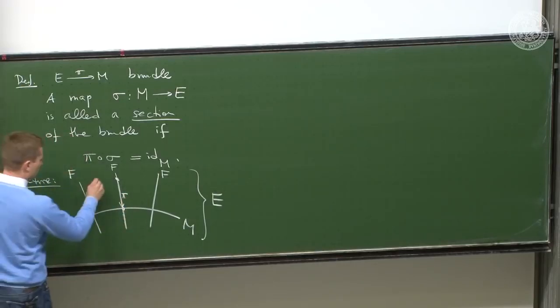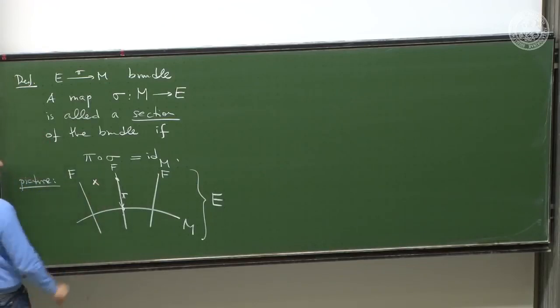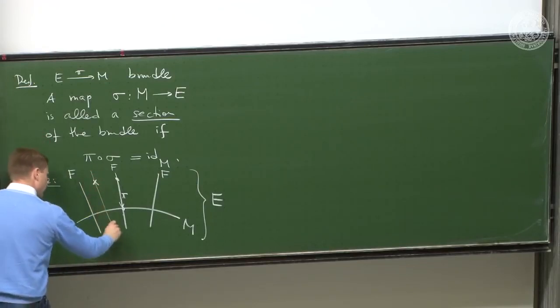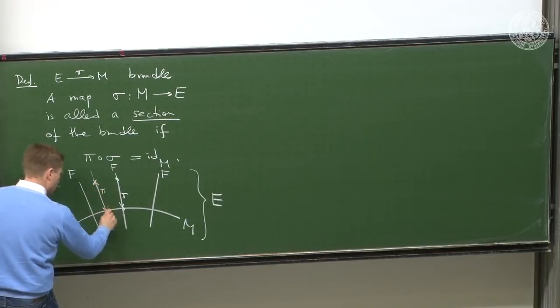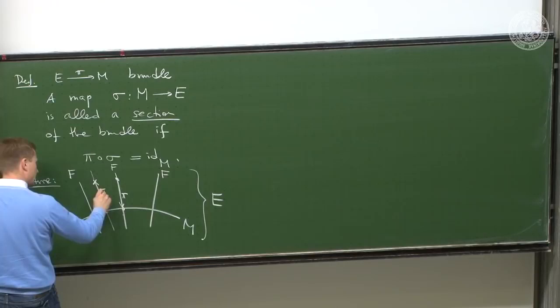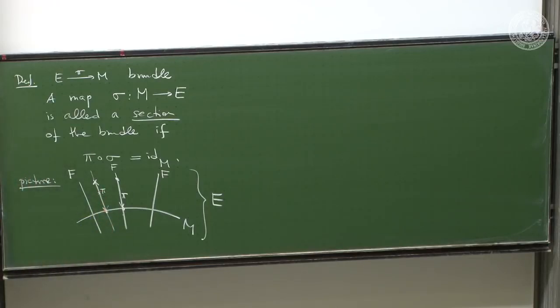Okay? If you have this point in the total bundle, you've got to see, okay, there's a fiber coming with it. The π takes you down to this base point, and any other point on that fiber is taken down to the same base point. Now, this is the projection map.